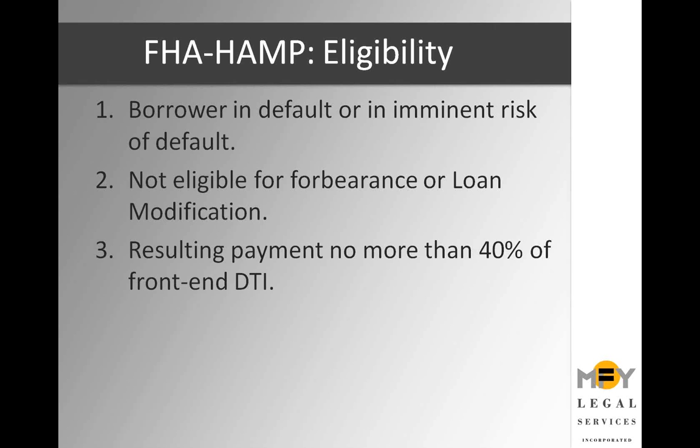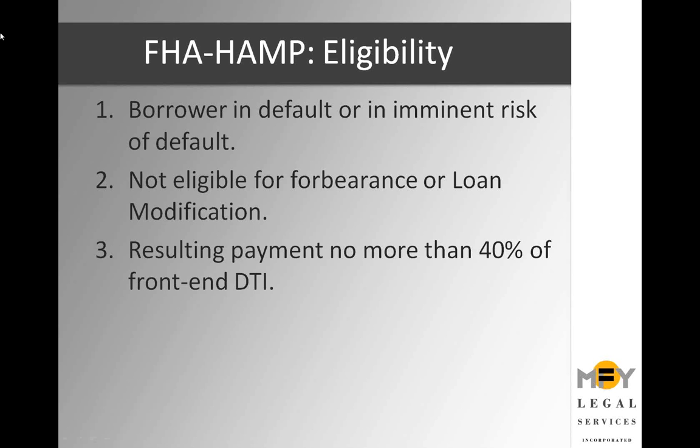An example of somebody who would be eligible for a loan modification under FHA's rules but also have surplus income would be somebody who had a temporary hardship and then had recovered to where they were or even better than where they were. So, lost a job for a couple of months, fell behind on the mortgage, and then got a new job that paid even more, that sort of thing.